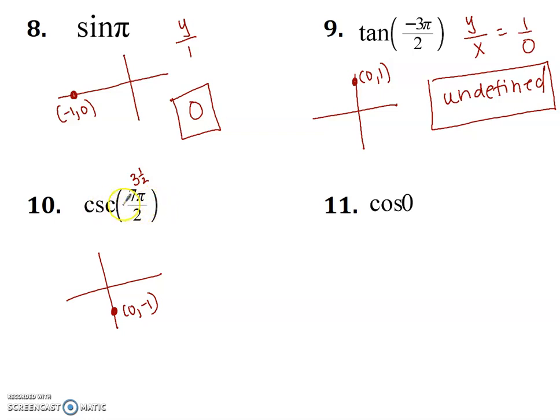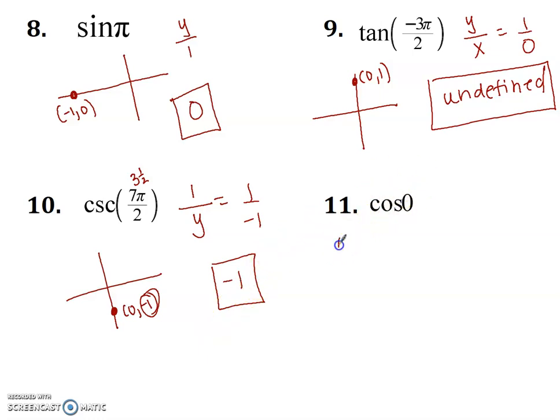Sine is opposite over hypotenuse, so cosecant is going to be hypotenuse over opposite. For quadrantal angles, the hypotenuse will always be 1. The opposite is y, and my y-coordinate is negative 1, so that's 1 over negative 1, which is just negative 1.